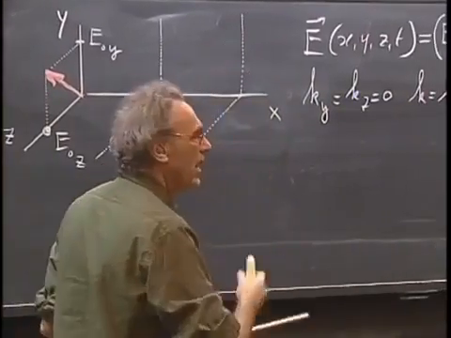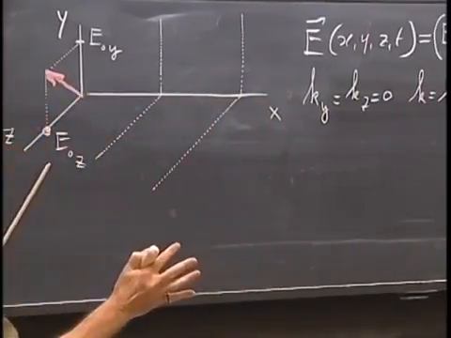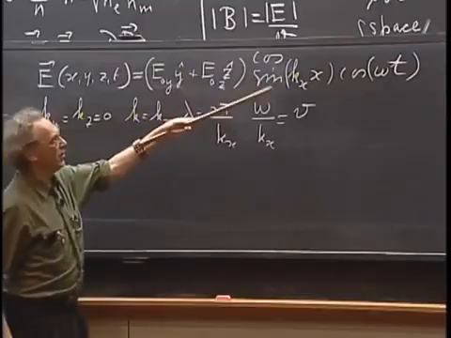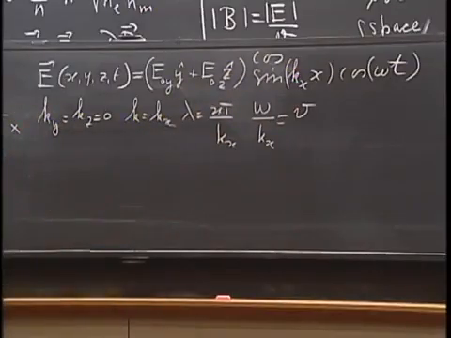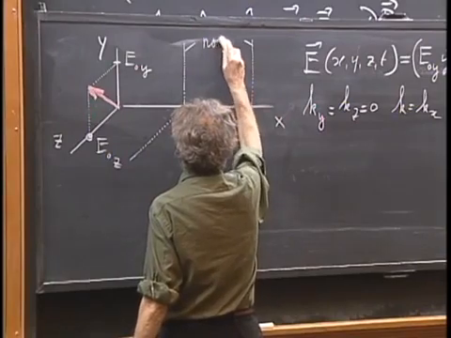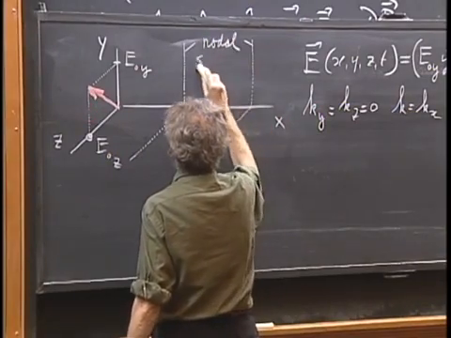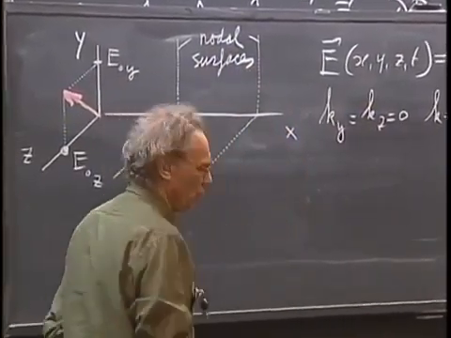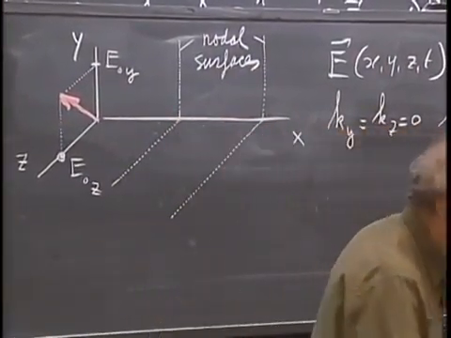The E field in that whole plane at all moments in time will be 0. That's the case when this sine, or whatever the cosine you have chosen, happens to be 0. And so these are nodal surfaces. And of course, the anti-nodal surfaces fall right in between.